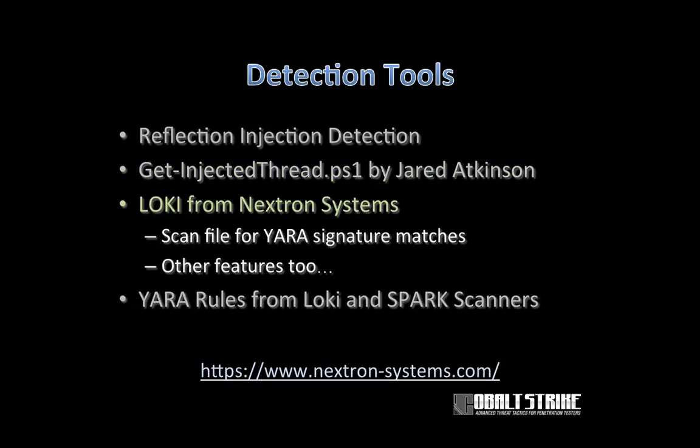Another tool that's interesting, not so much from a detection standpoint, but from an analysis and triage point of view, is a tool called Loki from Florian Roth's company, Nextron Systems. What I use Loki for is to scan a file for Yara signature matches. Loki does have other features as well, but the ability to just take a reflective DLL as is and see which signatures it triggers against, I personally find kind of valuable.